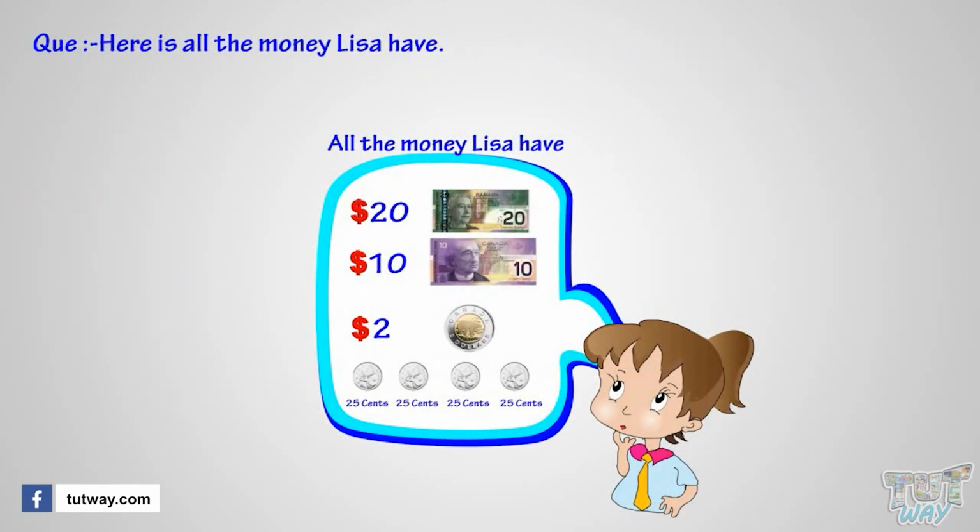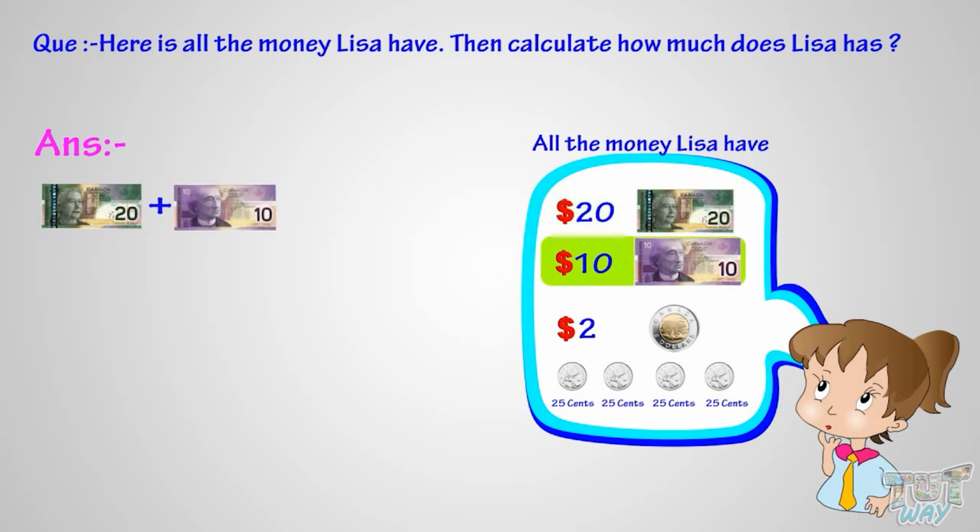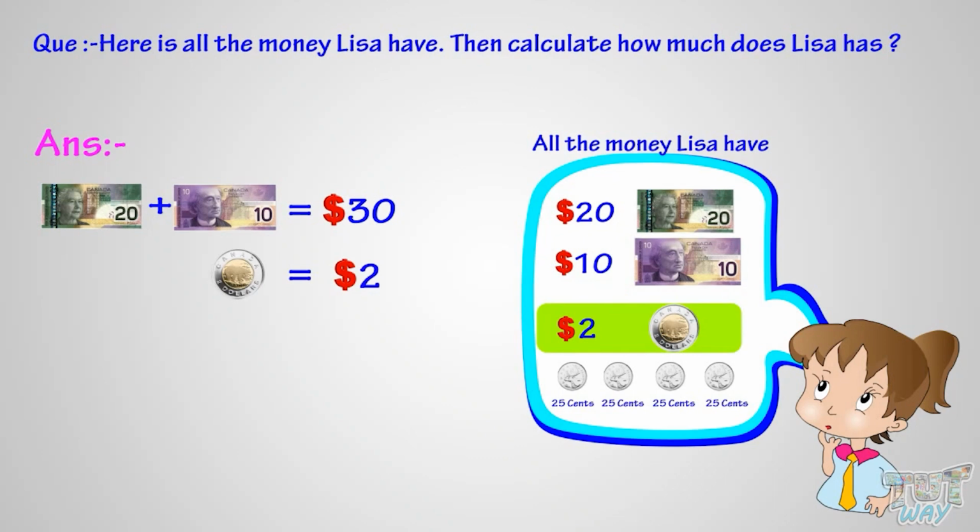Here is all the money Lisa has. Then calculate how much does Lisa have. Let's find it out. We have a $20 bill and a $10 bill. So we have $30. We have a toonie, which is $2.